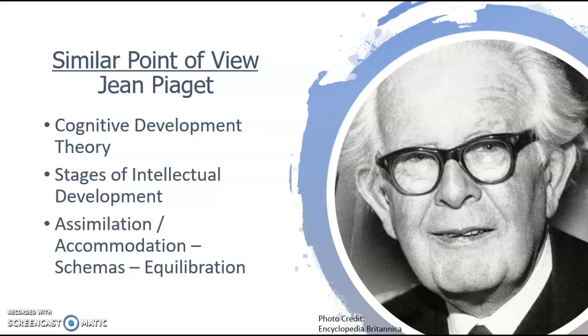As kids learn new ideas, they will assimilate this new information into what they already know. They will accommodate, or change their existing beliefs or schemas, to these new ideas. Piaget placed more emphasis on peer interaction, while Vygotsky emphasized peer and teacher guidance.